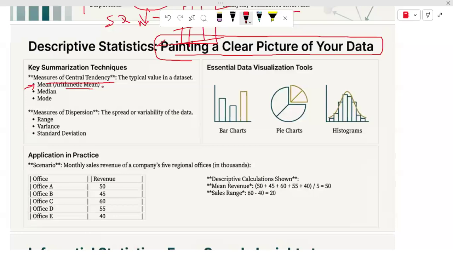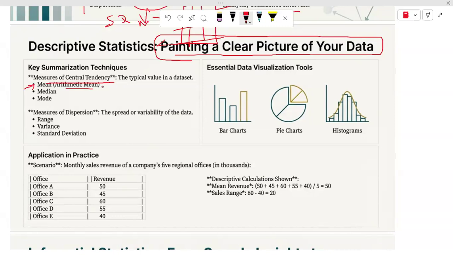And measure of dispersion. How does your data vary? Measure of dispersion is the spread or variability of data: range, variance, standard deviation.